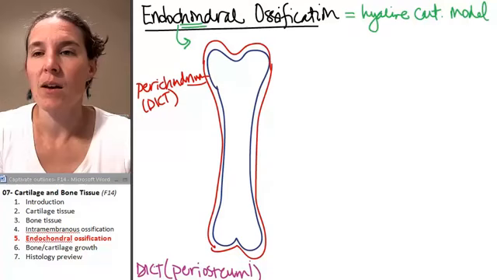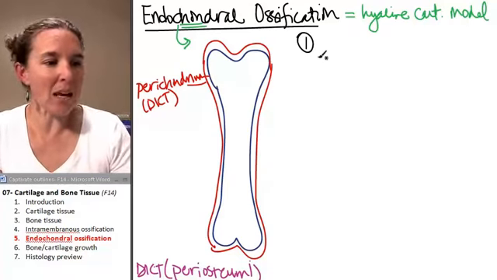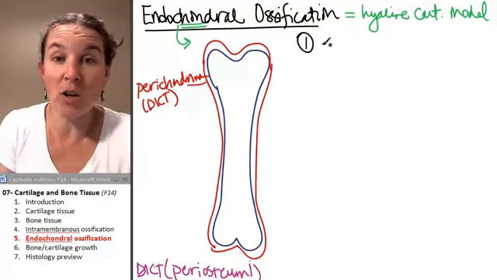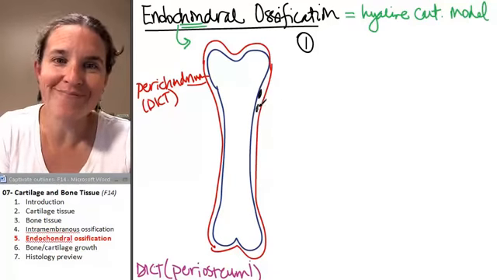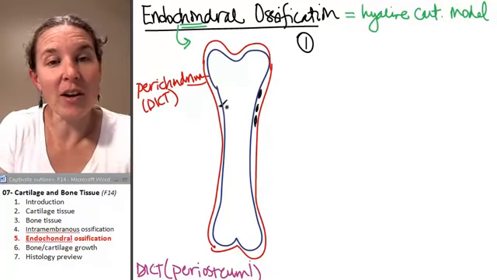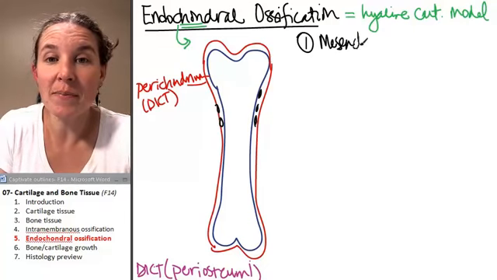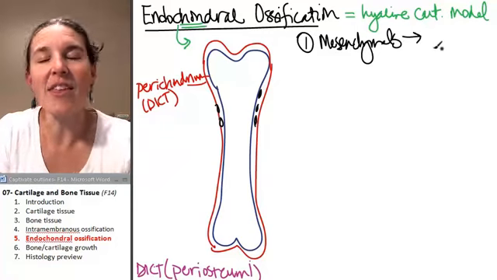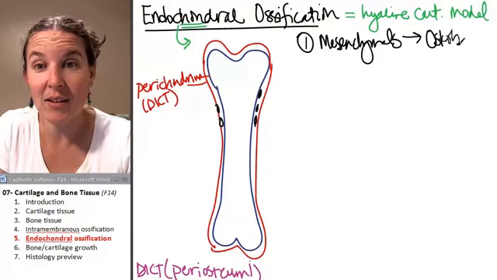Okay. The first thing that happens, if we're going to make some stuff happen, we need to, first of all, have some mesenchymal cells. Guess where they're living? They're actually living in the perichondrium. So we have some mesenchymals, our little friendly stem cells that are going to differentiate into osteoblasts.